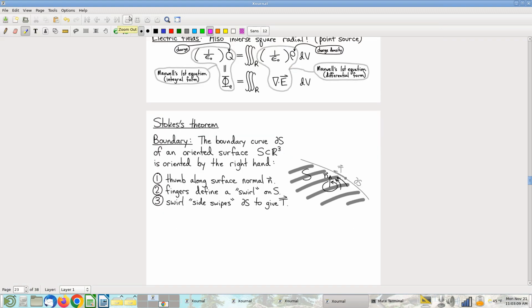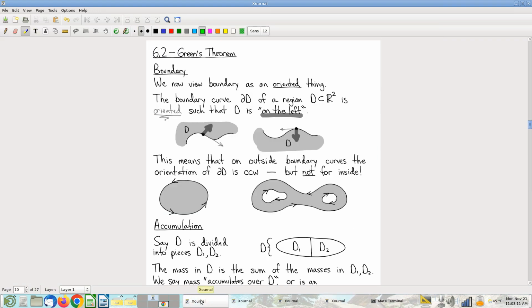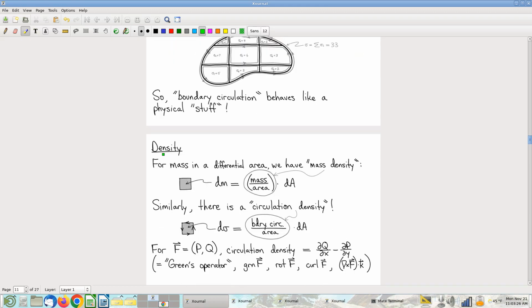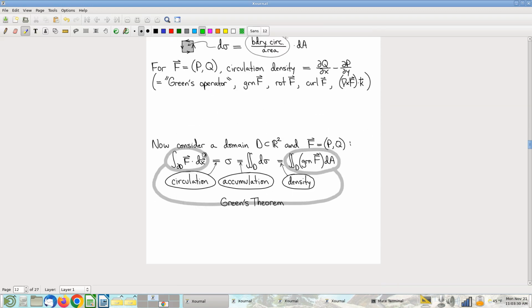So in particular, going back to Green's theorem, remember we got particular about what boundaries mean, talked about orientations, set an arbitrary but standard convention. Then we talked about the accumulation property and all of its corresponding consequences. And then we talked about the idea of the corresponding density. And then we made a theorem.